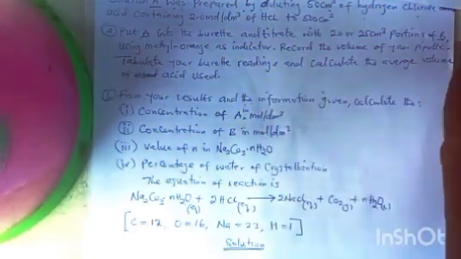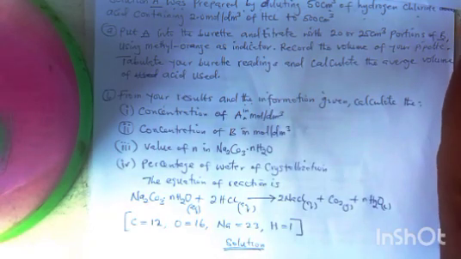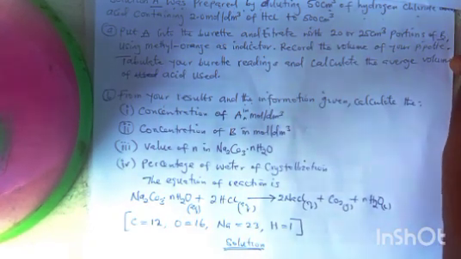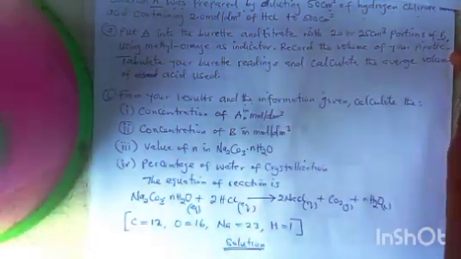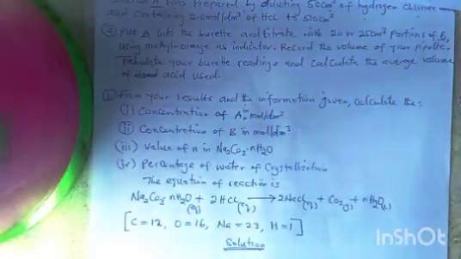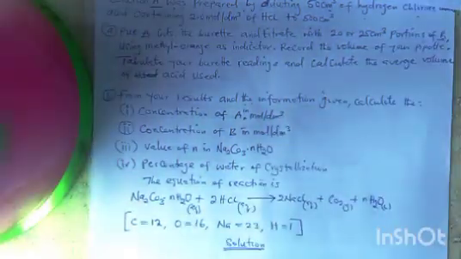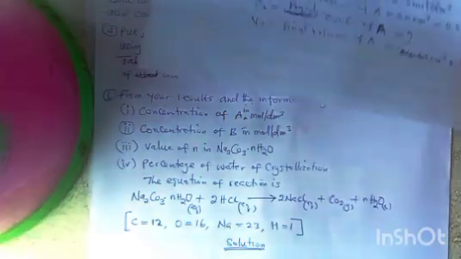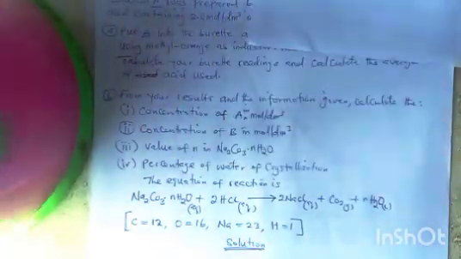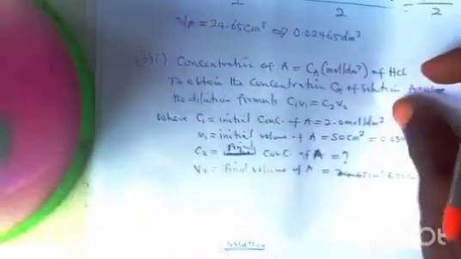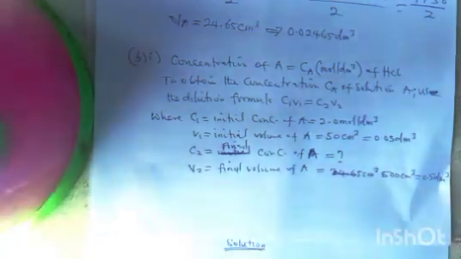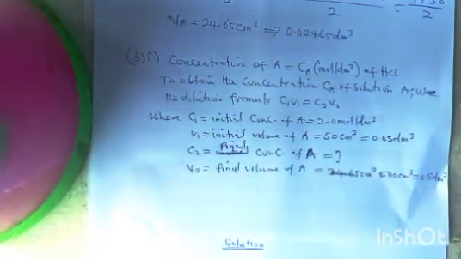So we have a 500 cm³, which is equal to 0.5 dm³. With that we continue our solving by checking these values into the given formula.